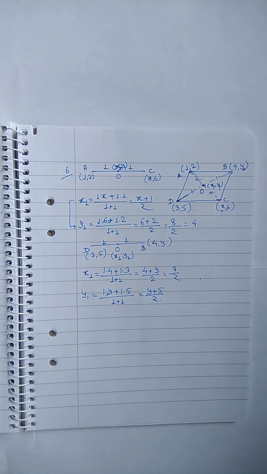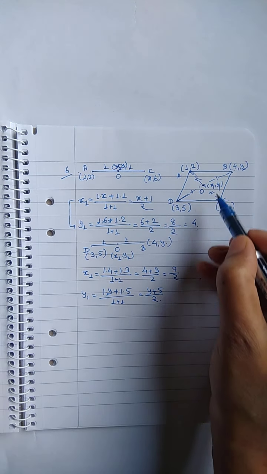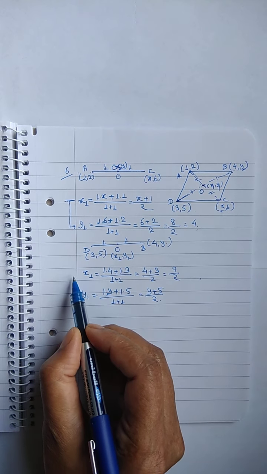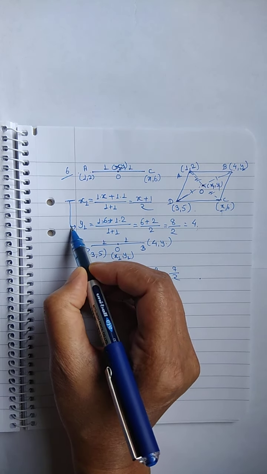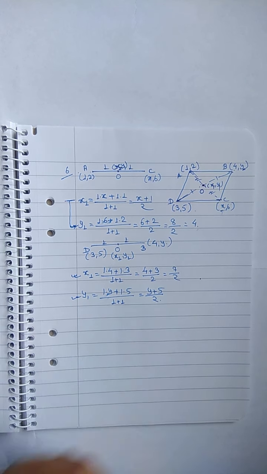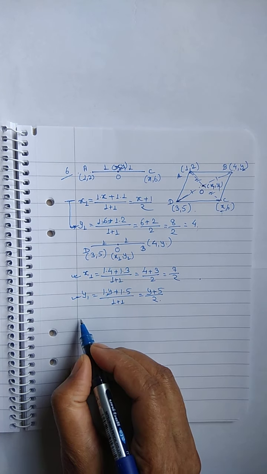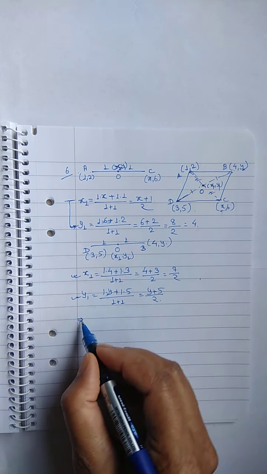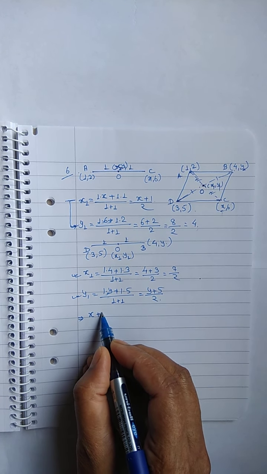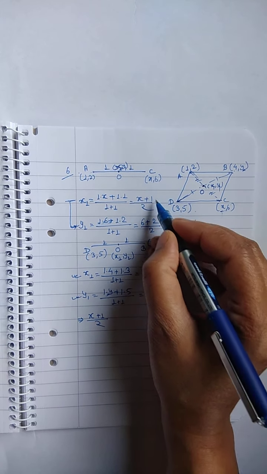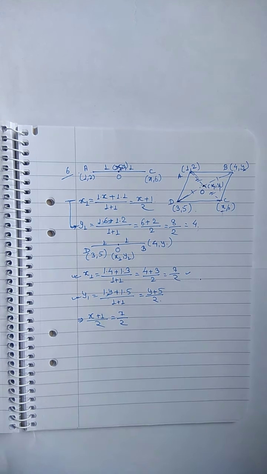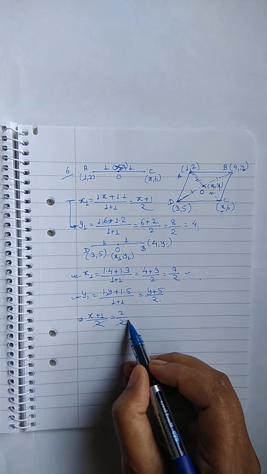Now they are always talking about the same point, means this x1 will equal this x1 and this y1 will equal this y1. Correct? So first equate x1. So x plus 1 by 2 equals 7 by 2. Right? So the 2 cancels.